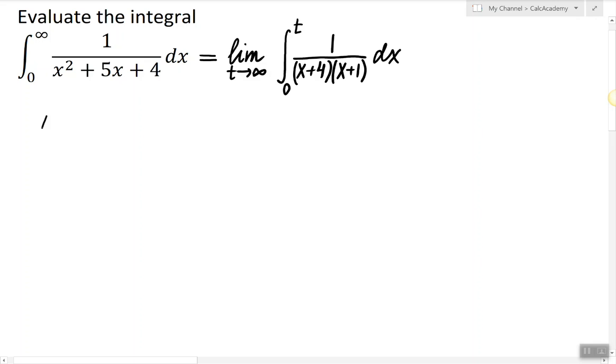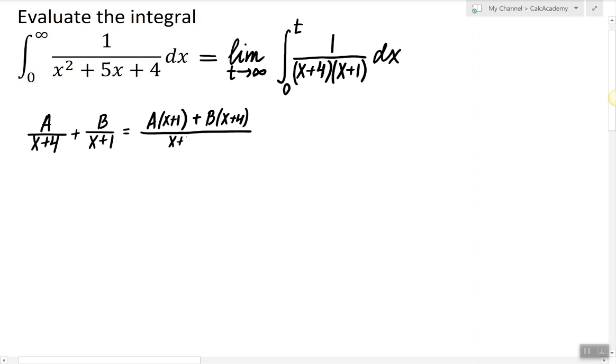So by partial fraction decomposition, we are going to look for the decomposition in this form, and rewriting everything as a single fraction gives us the following expression, and distributing everything and collecting the like terms.